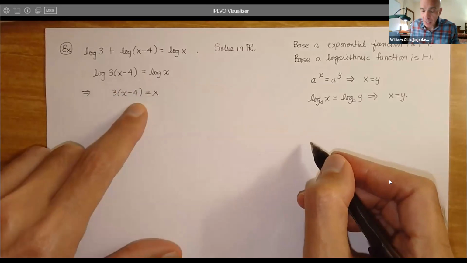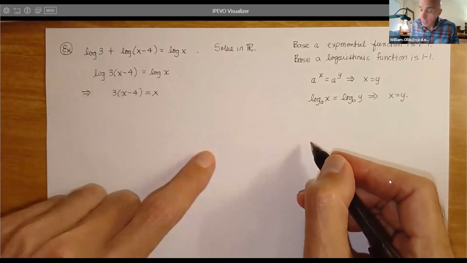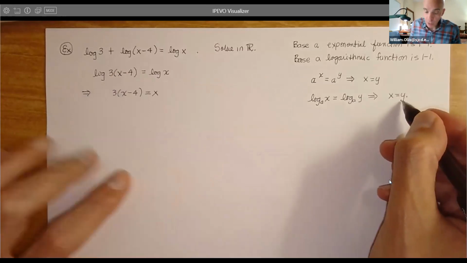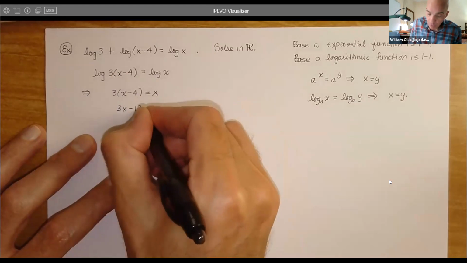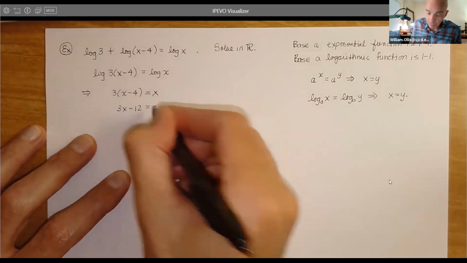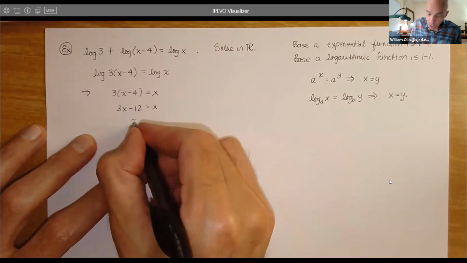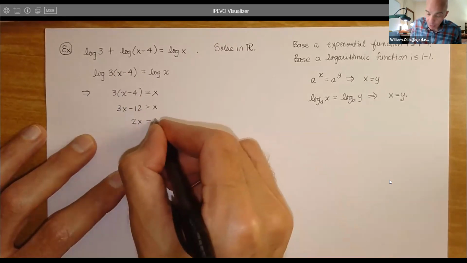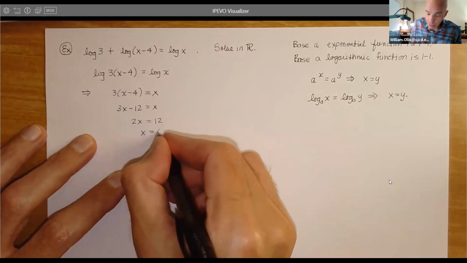So the idea here is that if we have a 1-to-1 relationship, we can now set the arguments equal. So this will be 3x minus 12 equals x. And then, of course, we can subtract x from both sides. We get 2x, and add 12 to both sides, divide by 2, and x is equal to 6.